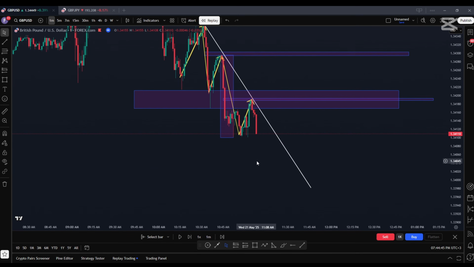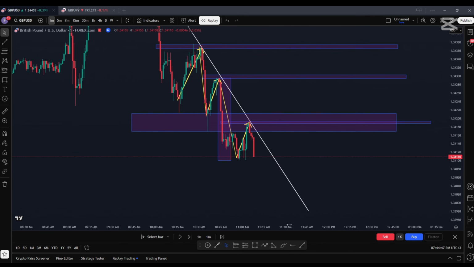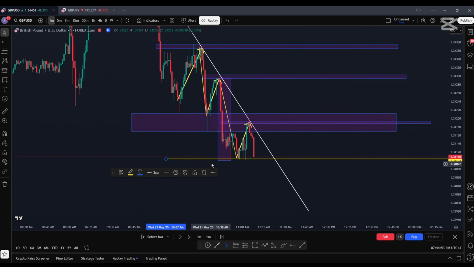So we shall have our support zone drawn here, at this level. You're seeing that at this level is where the buyers are bouncing from, and you're also seeing multiple reactions at this zone.